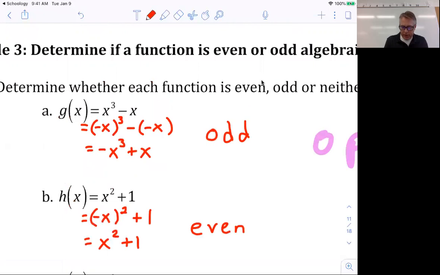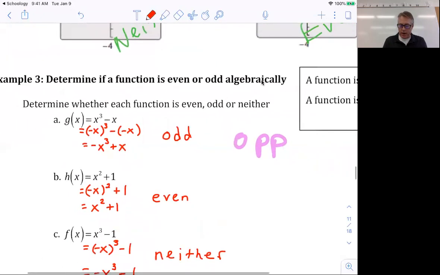Well, when you simplify that, we get negative x to the third plus x. Well, this negative x to the third is the opposite of the x to the third, and x is the opposite of negative x. That's why that is an odd function, because all of the terms were the opposite of the original.